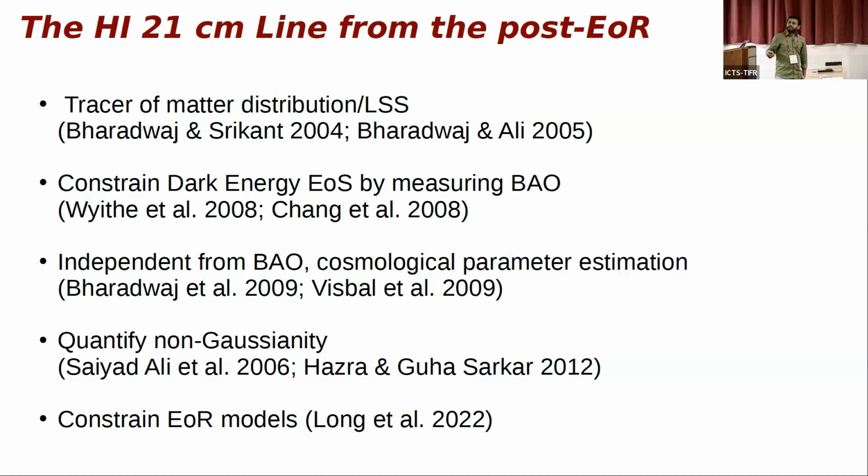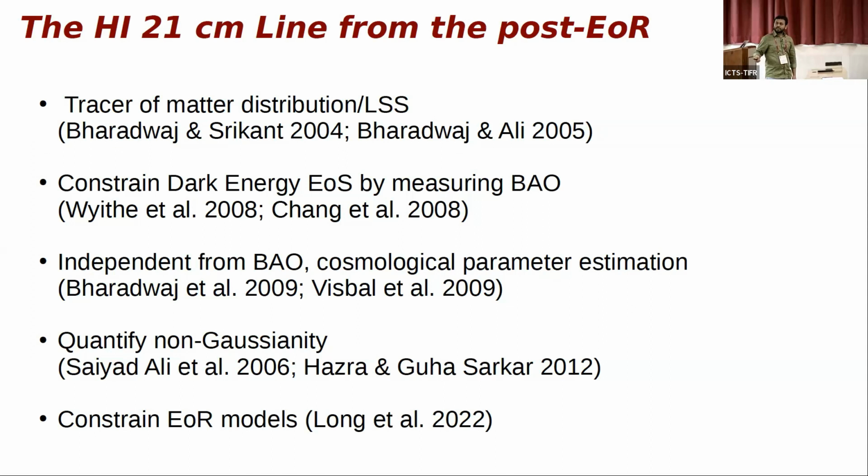So 21 centimeter intensity mapping from the post-reionization epoch lets us do some specific things. It traces the neutral hydrogen, and so the matter distribution in this region, so it's a very good probe of large scale structures. We can constrain the dark energy equation of state by measuring the baryon acoustic oscillation features in the power spectrum. Even independent of BAO, we can also measure cosmological parameters.